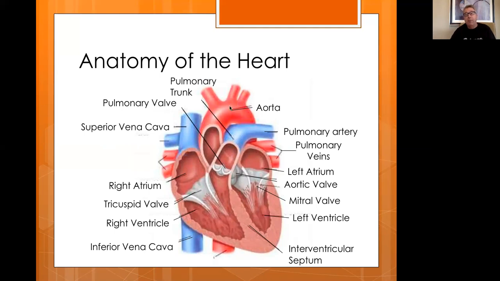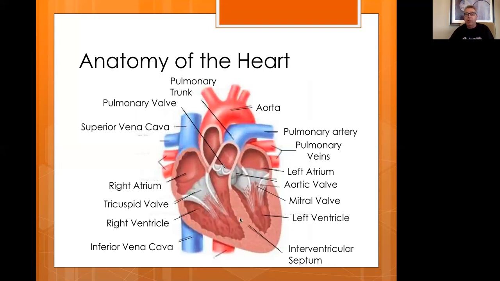So you have both the superior vena cava and the inferior vena cava coming into the right atrium. I think I included everything.